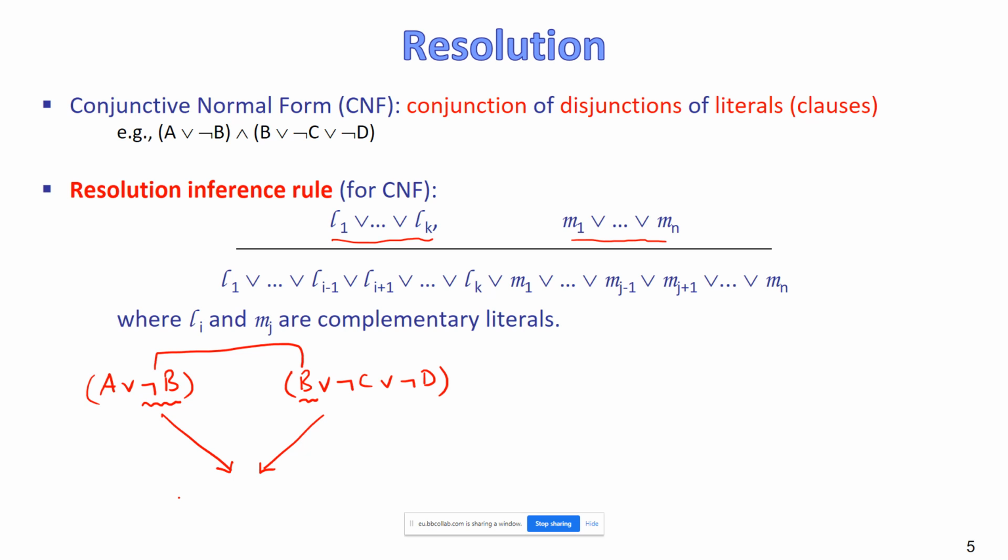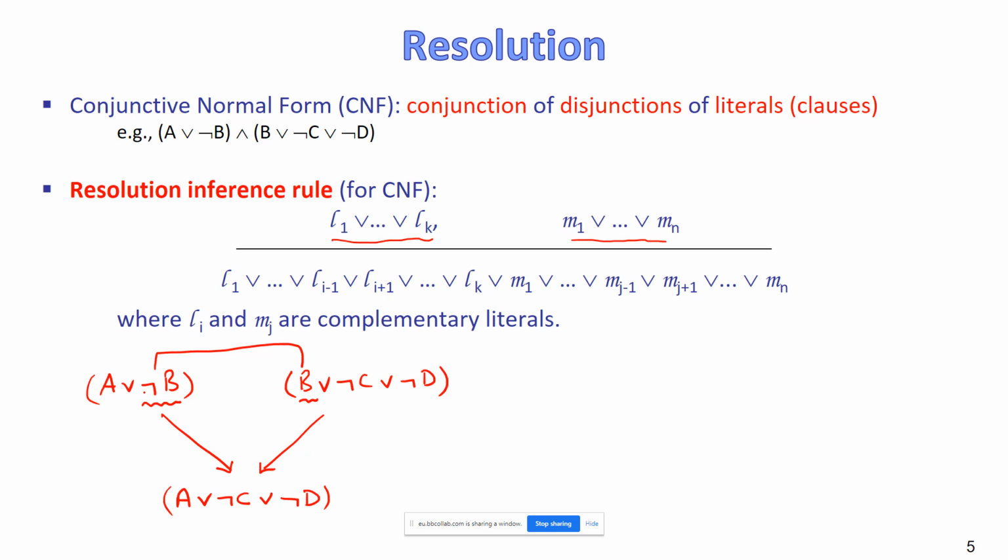So we can infer here A from the first clause, or, because that's the only remaining literal, after we cancel out this identified literal, which has the complemented version in the other one. And we list all the other literals. So A from here, not C and not D from the other one. All of them are, of course, OR. So that's another clause.